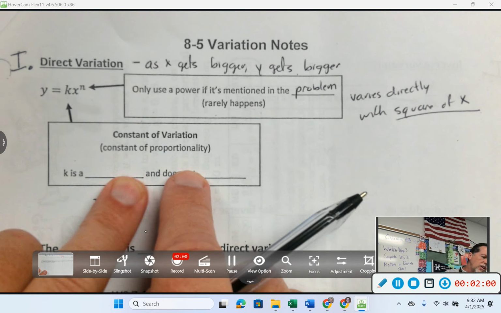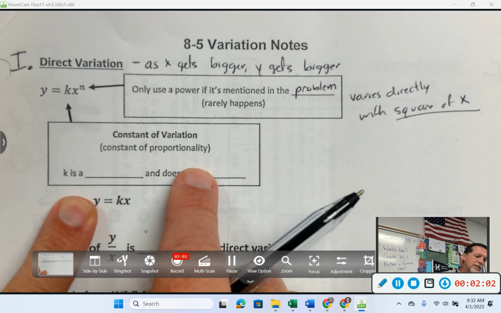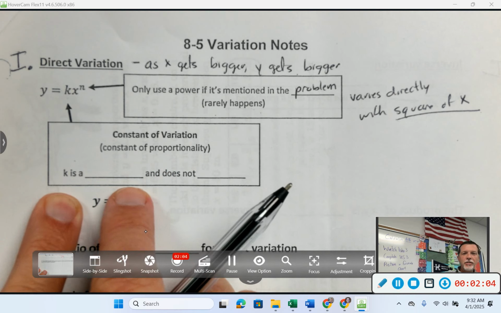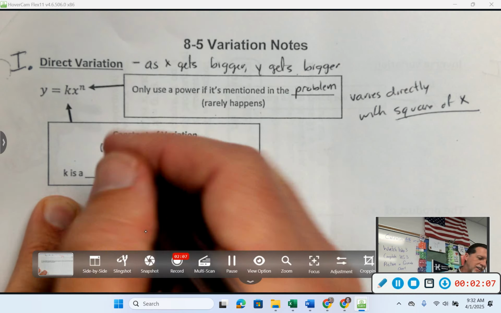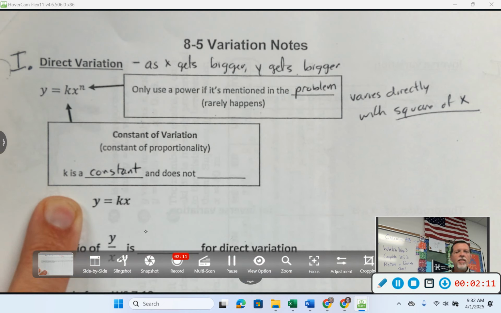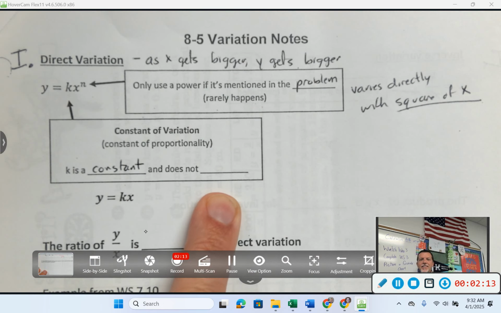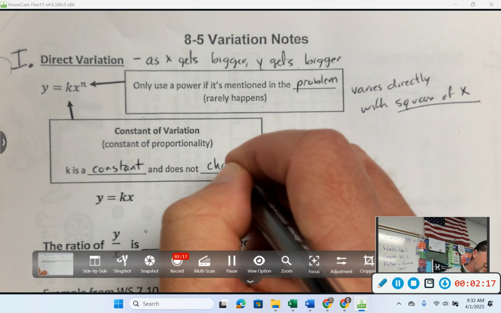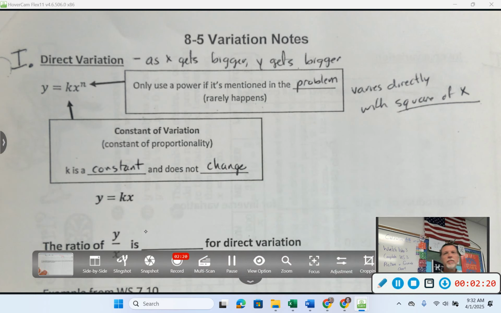Constant of variation, also known as the constant of proportionality. K is a, don't overthink this, constant. And a constant does not change. I had to look up those blanks because I was like, is it really that simple? Yeah, that's it. K is a constant. It doesn't change.